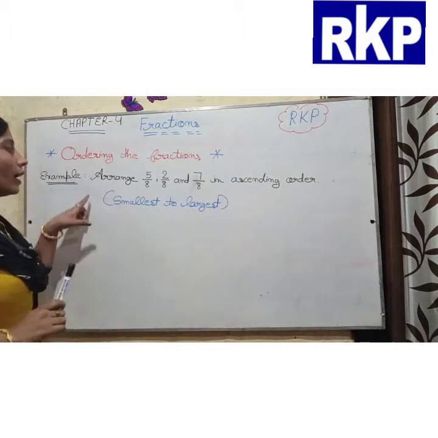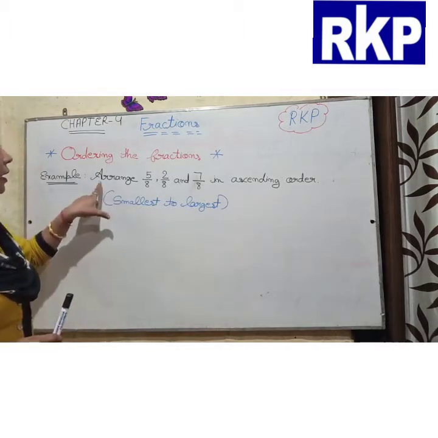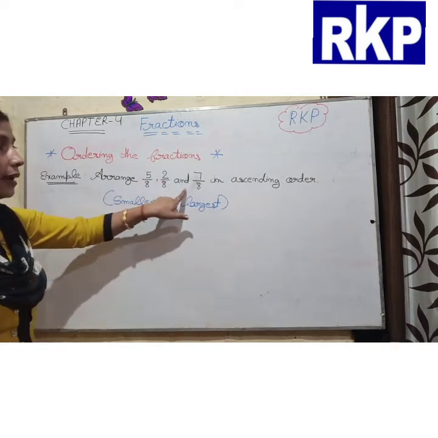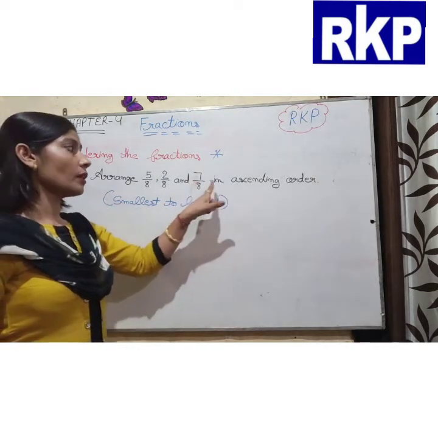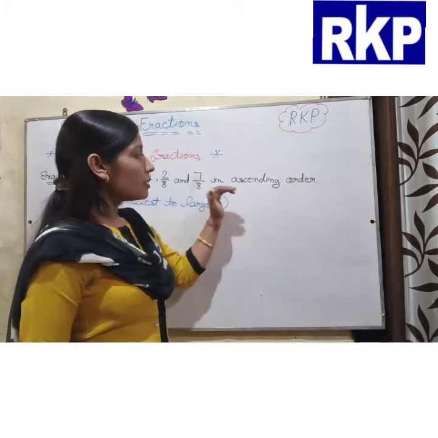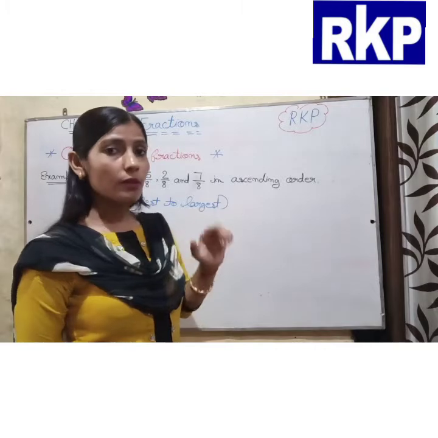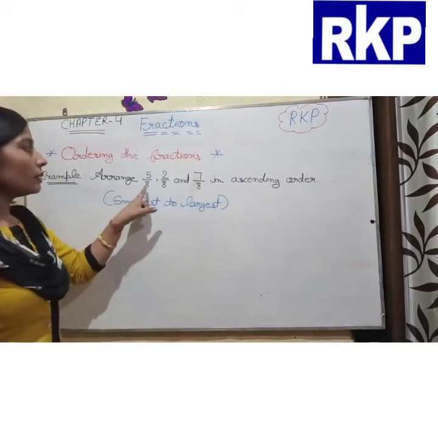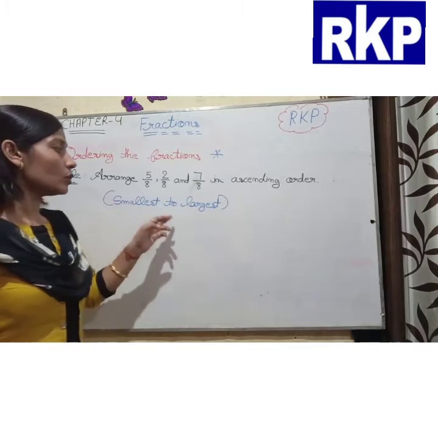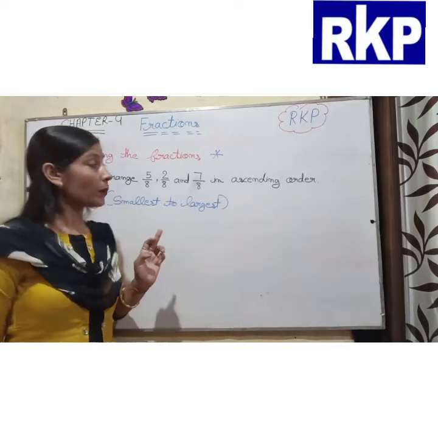Here we have an example. Arrange 5 by 8, 2 by 8 and 7 by 8 in ascending order. Ascending order means we have to arrange these fractions from smallest to largest.